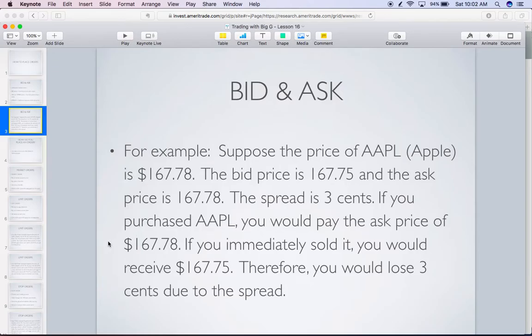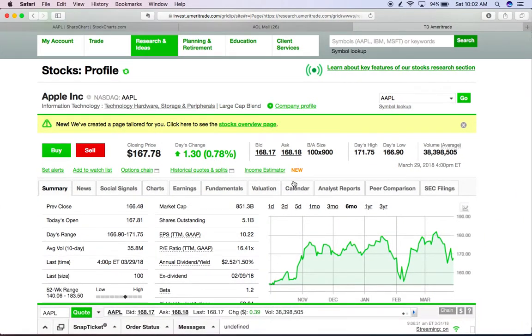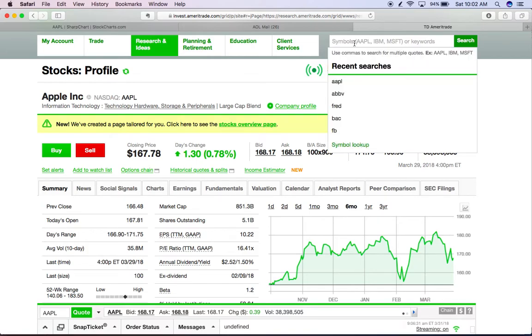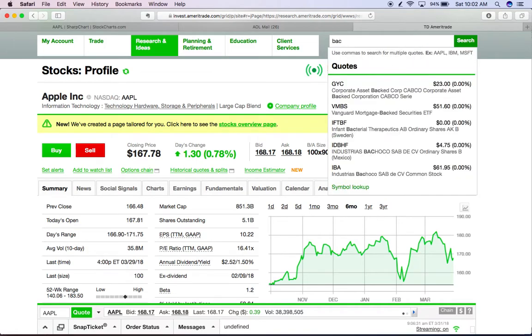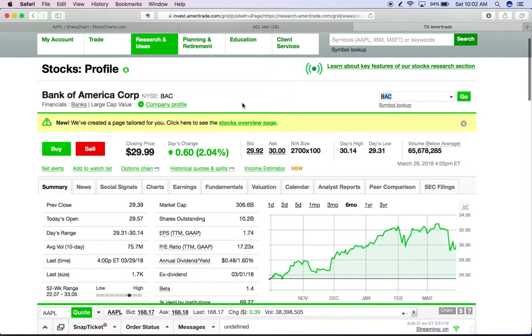Now, in the case of Apple, the bid ask price is very tight, just a penny off. If I were to go to Bank of America, for example, the bid ask price is 8 cents off, $30 ask, $29.92 on the bid.